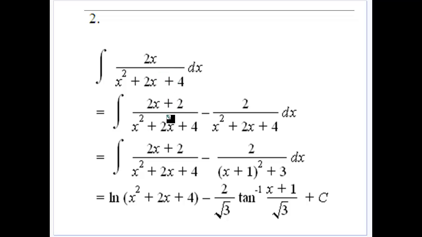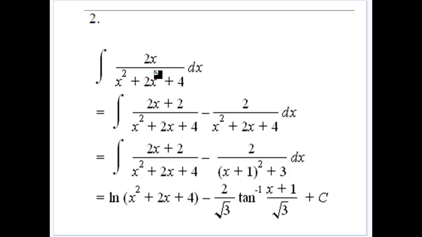We can simplify it a bit. Looking at this one, it's close to the derivative of the function over the function, but not quite, because it's only 2x. The derivative of x squared is 2x, but then we'd have the derivative of 2x, which is 2.